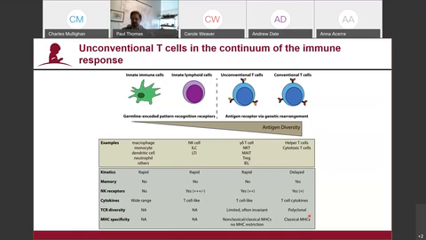It's these unconventional T cells, things like gamma delta T cells, which would use an entirely different T cell receptor, or these more invariant populations like NKTs, the MAIT cells that I just mentioned that respond to B vitamin metabolites, Tregs, which have features of conventional T cells, but also features more consistent with these unconventional T cells, and IELs, which are intraepithelial lymphocytes, which are really important for tissue integrity and tissue formation.